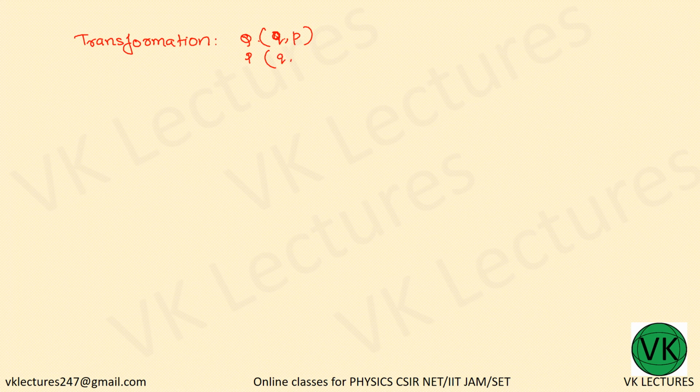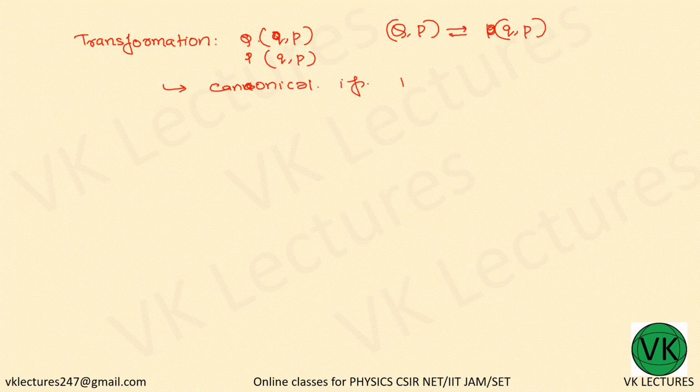This was the transformation, and the transformation is said to be canonical if the Jacobian is equal to 1.